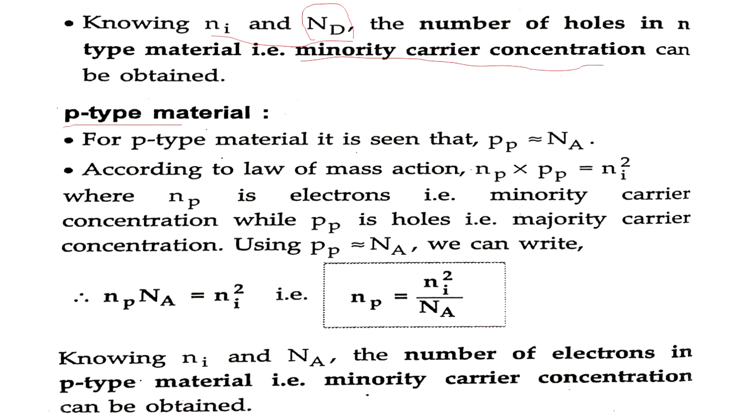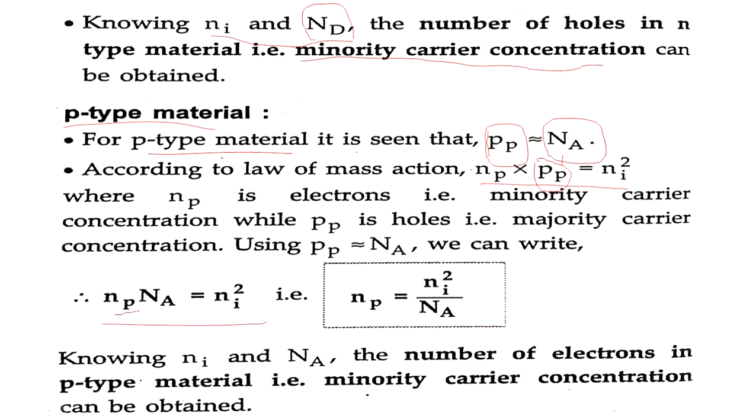Similarly for p-type, the concentration of acceptor atoms defines the concentration of the majority carriers in p-type. So p_p is equal to N_a. Again we take the mass action law, n_p p_p is equal to n_i squared for p-type. If you replace p_p by N_a, you get n_p into N_a is equal to n_i squared.